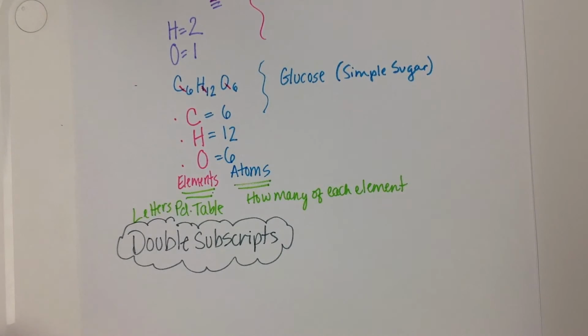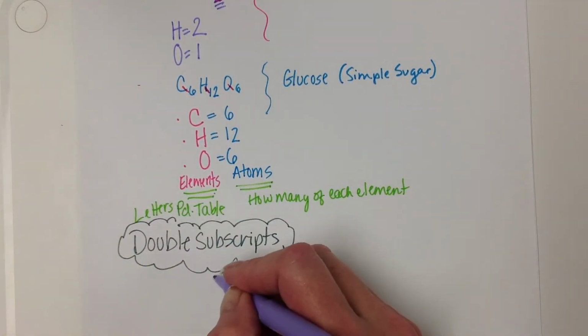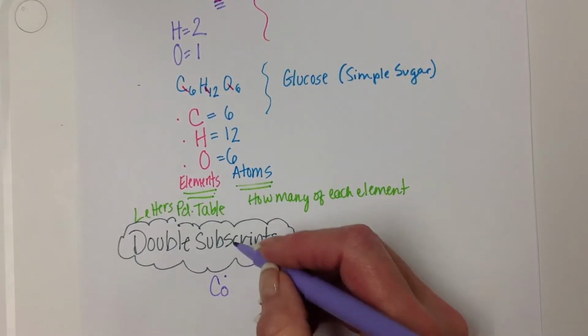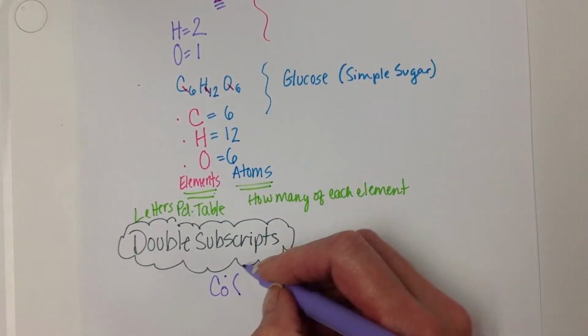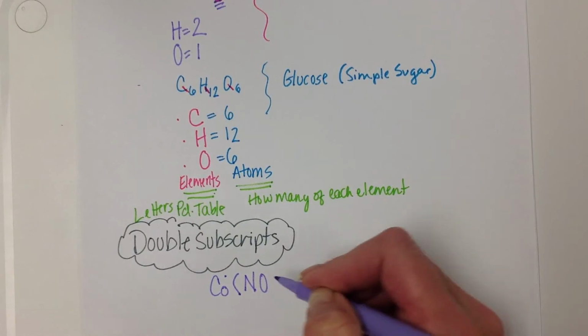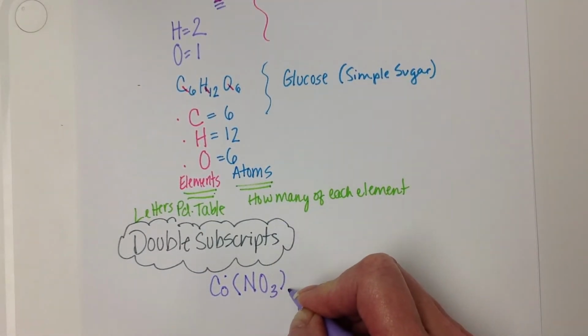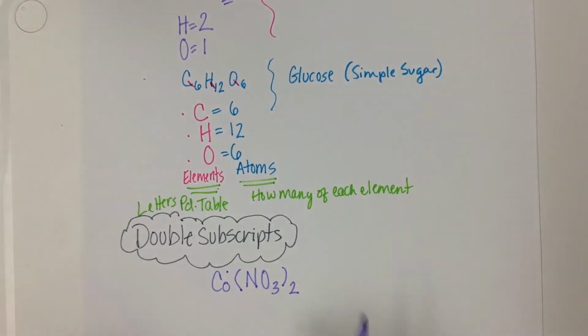So we had an example of Co(NO3)2, with a double subscript 2.